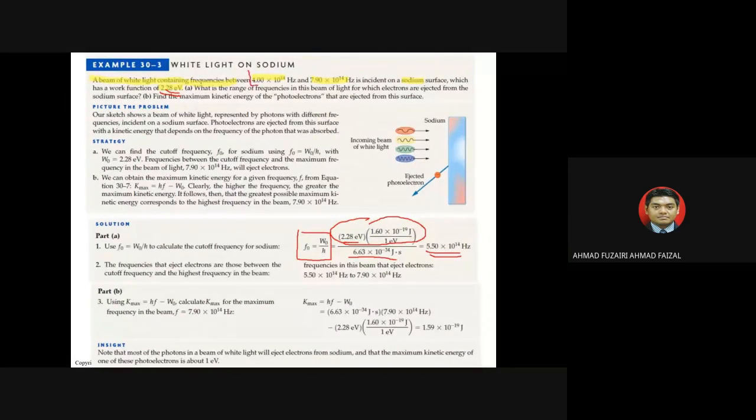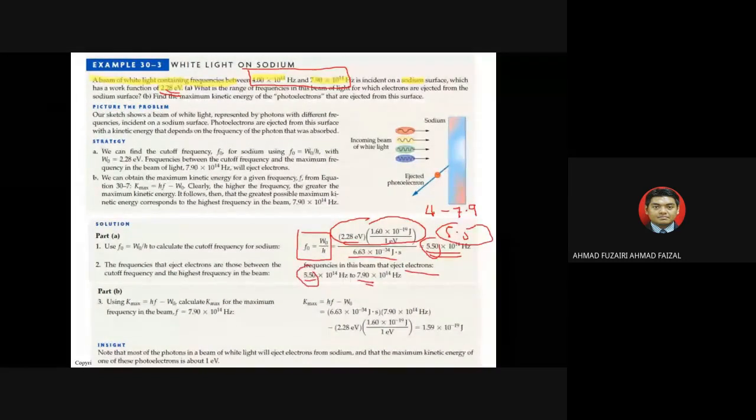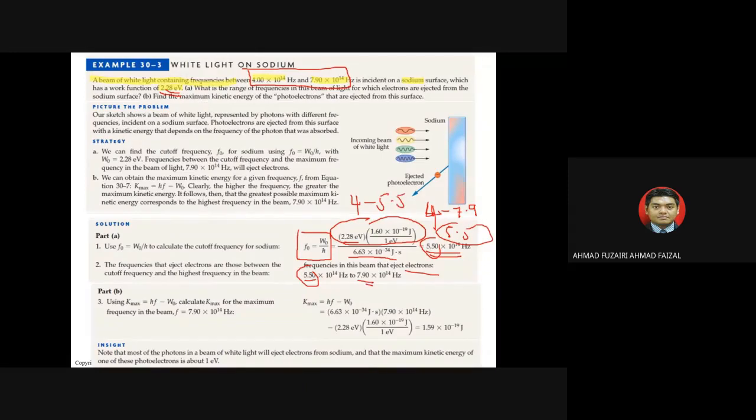Somehow you supply 4 to 7.9, but the cutoff frequency only starts from 5.5. So meaning that those from 5.5 to 7.9 are going to eject electrons. Those below 5.5, meaning 4 to 5.5, are not going to eject the electron. So that answers the first question. Now let's look at B.